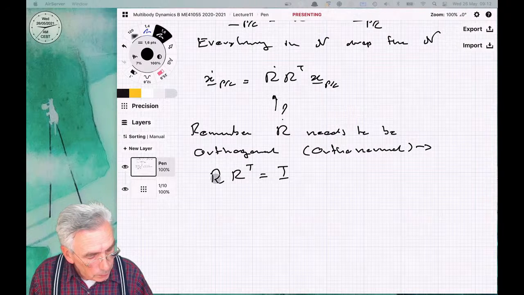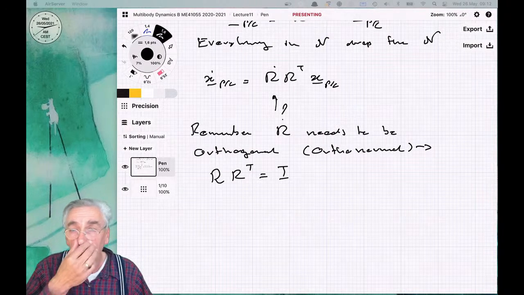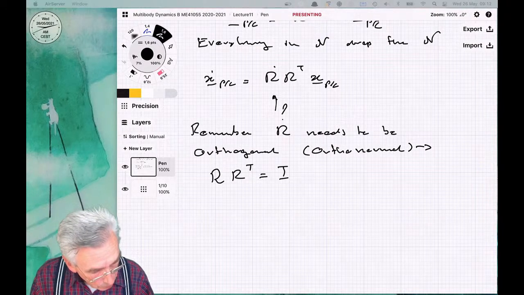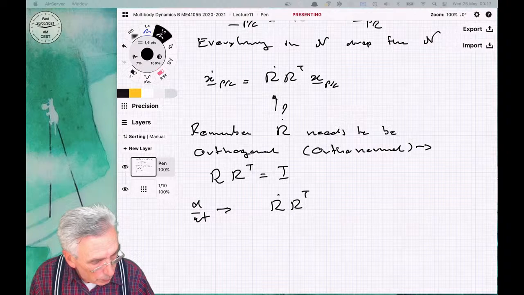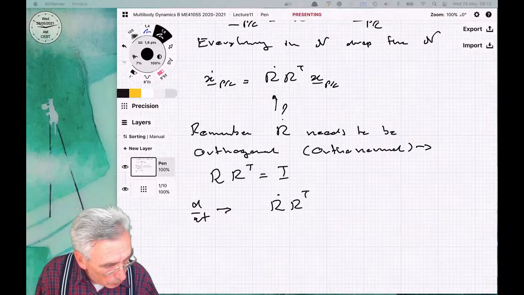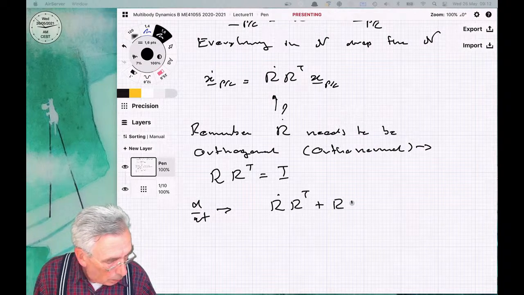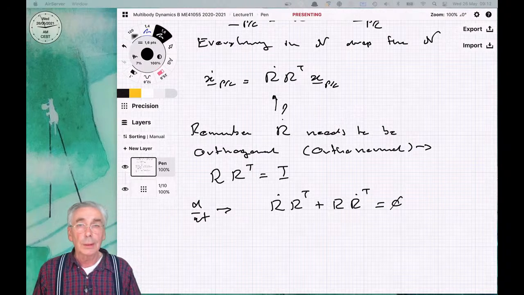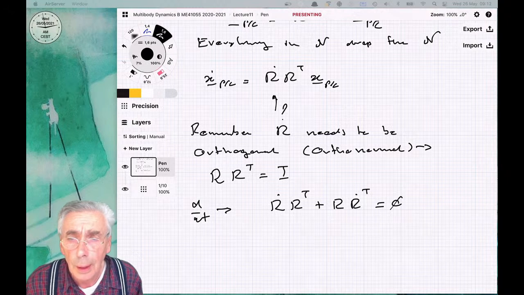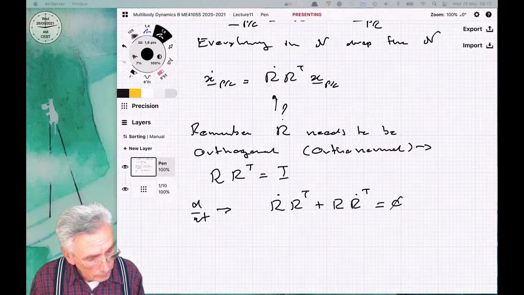To get this, what do we need to do? We need to differentiate, right? So let's do that. We differentiate with respect to time. We get R dot R transpose. That's the guy we want. Oh, but we get more. We get R times R dot transpose equals zeros, because the time derivative of I is a constant.